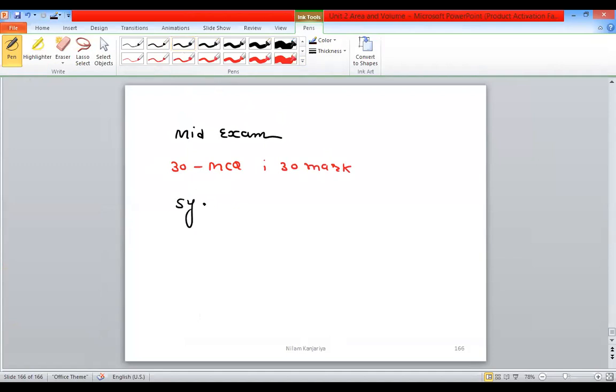Syllabus is Unit 1, full Unit 1, and Unit 2, area and perimeter of 2D figures.